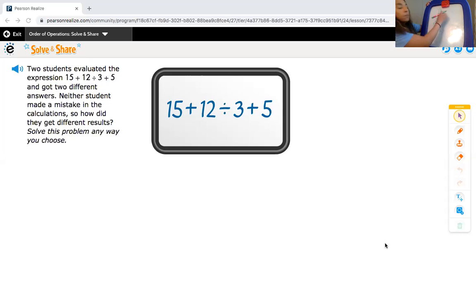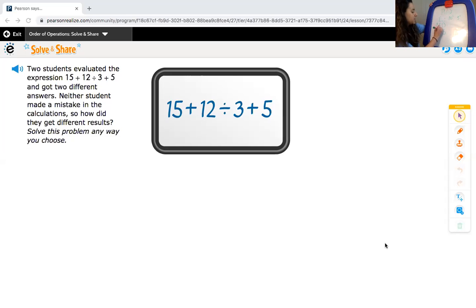Okay, so P stands for what? That's right, parentheses. E is for exponent. So remember, exponents are like 10 to the second power or 3 to the third power or cubed, right? Those are exponents.